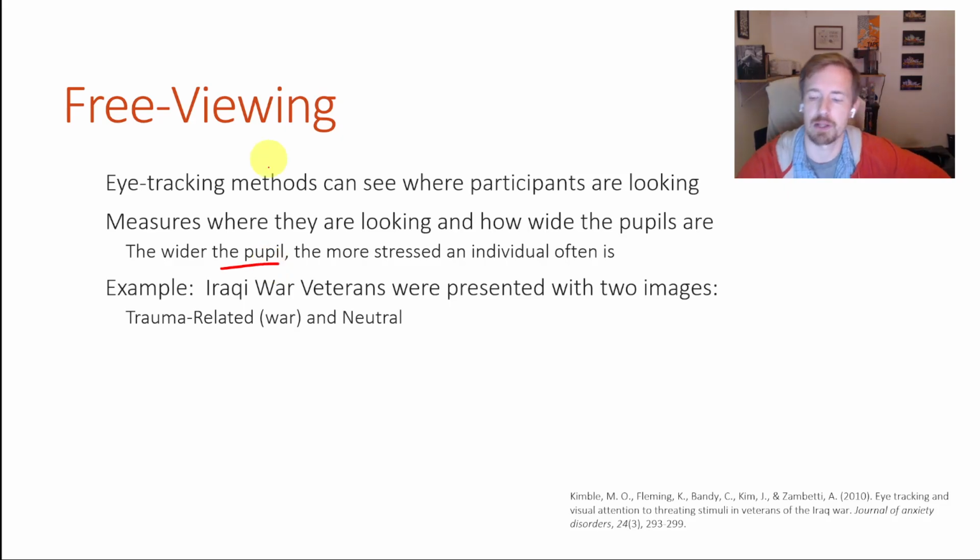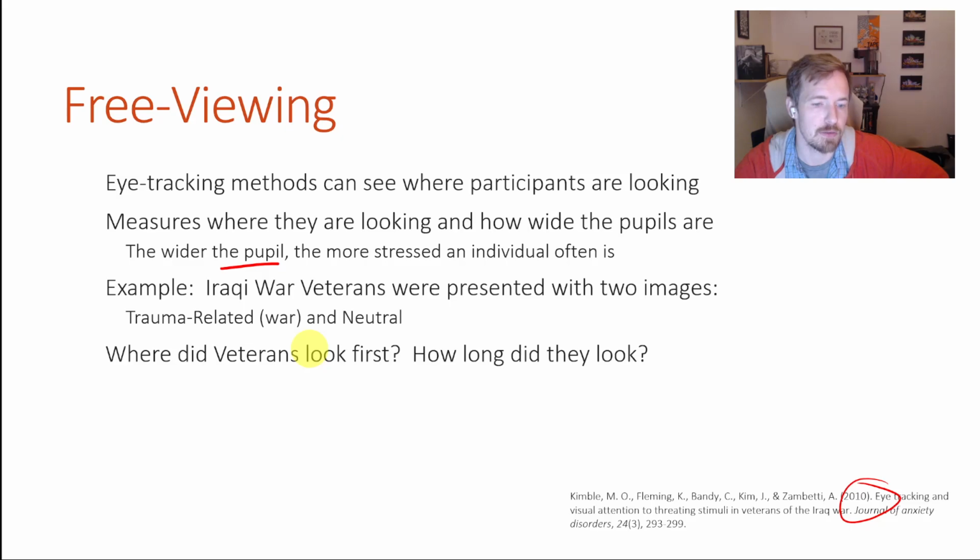So this example that I'm going to show you here was from this 2010 article that was looking at Iraqi war veterans whenever they were presented with a couple of different kinds of images, trauma-related images or neutral-related images. So the questions are, where did veterans look first and how long did they look?